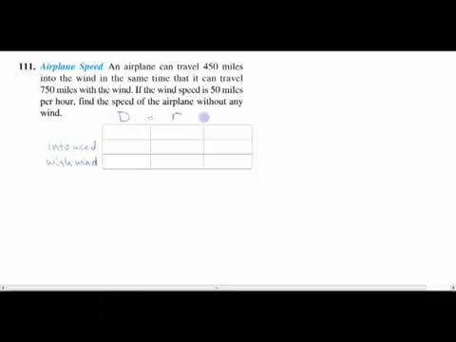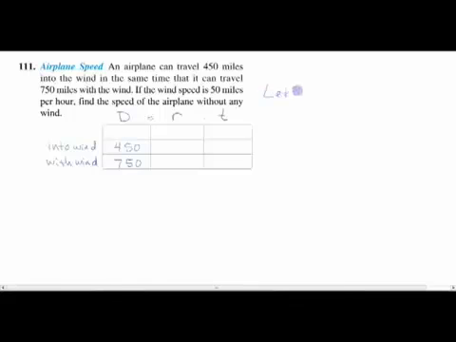Distance equals rate times time, and let's fill out our chart. We have 450 miles into the wind, and we have 750 miles with the wind. The wind speed is 50 miles per hour. Find the speed of the airplane without any wind.